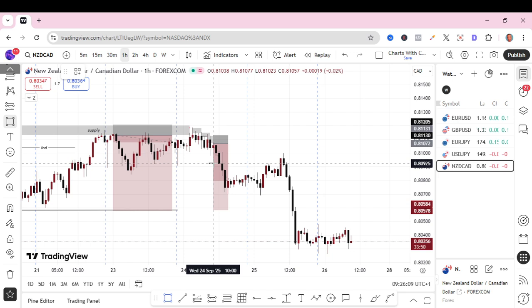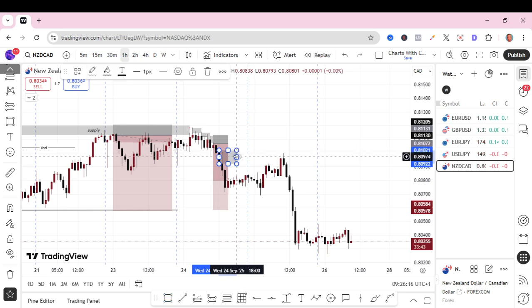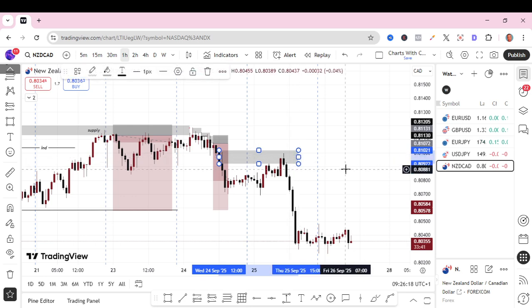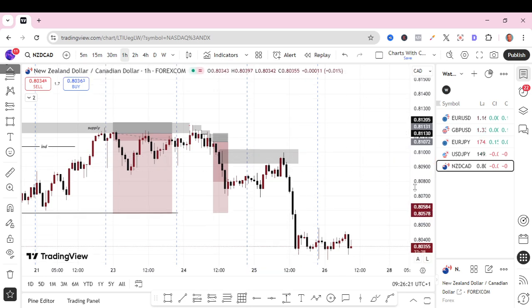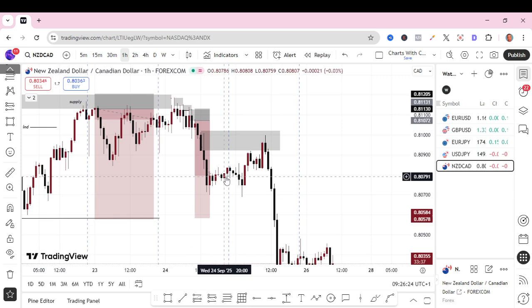I had this candlestick marked out. This particular candlestick here, I had it marked out. Right? Now if you watch closely, there's an FVG here between this candlestick and this candlestick.